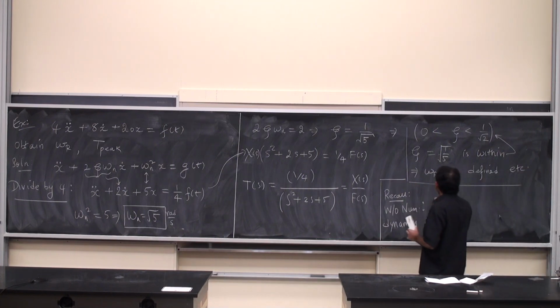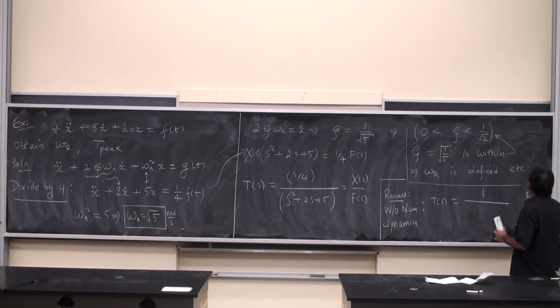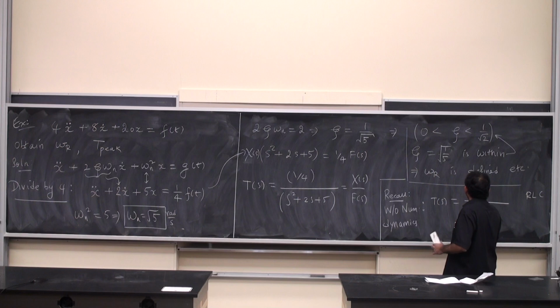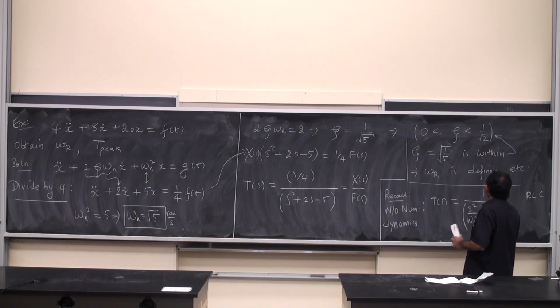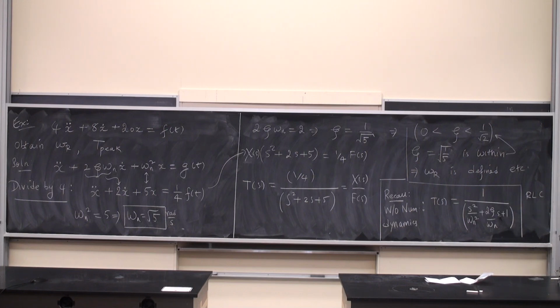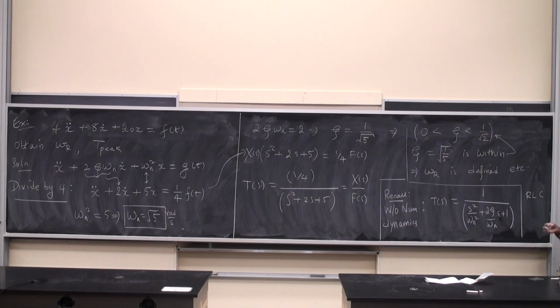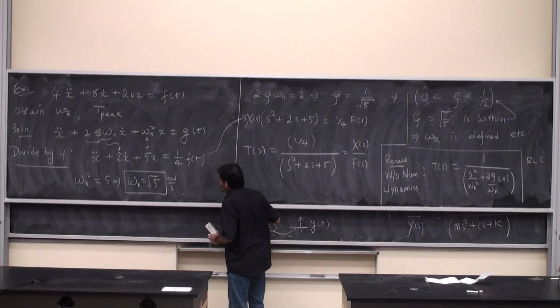It was T of s, for the RLC circuit, s square over omega n square plus 2 zeta. This was our transfer function, and we have done a lot of hard work for this particular creature. Can I apply that idea to what I am doing here, so that I don't need to recreate the whole wheel and the cave person story again?